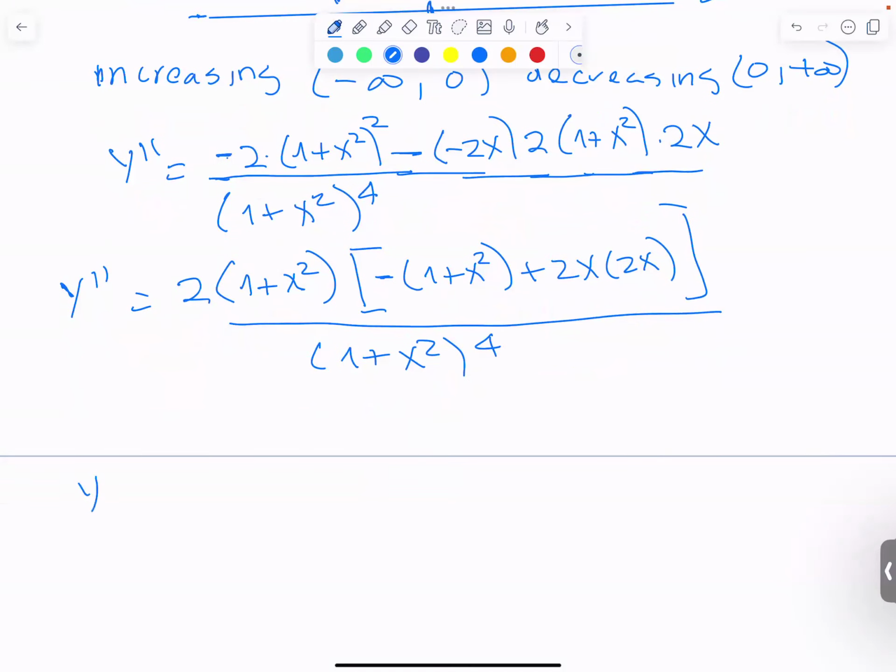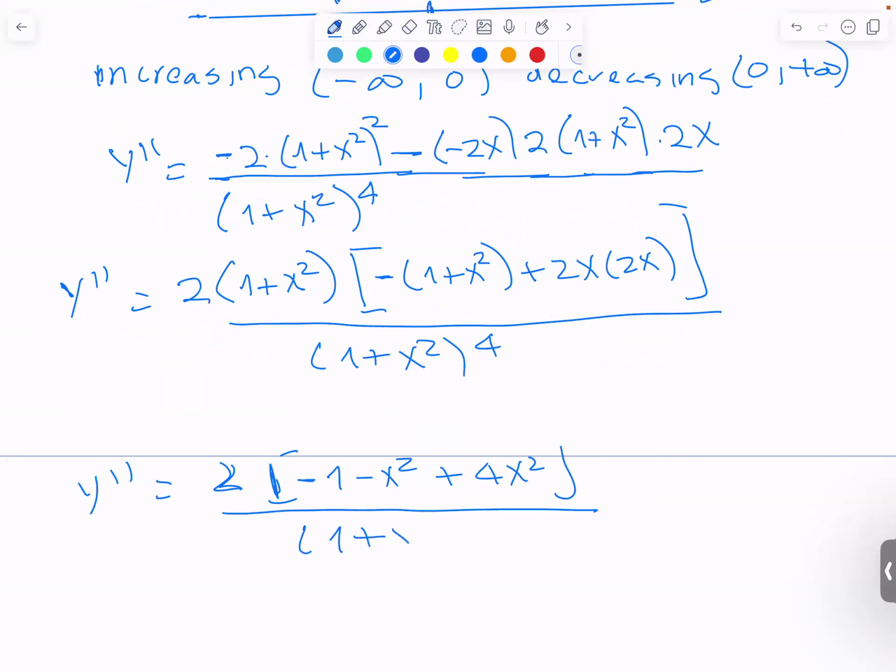Now I have the second derivative equals 2 times, doing the algebra here, negative 1 minus x squared plus 4x squared over (1 plus x squared) to the 3rd power.